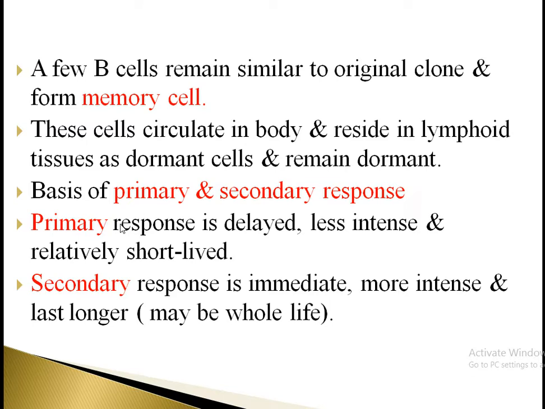At this stage, I must tell you what the primary response and the secondary response are. Primary response is delayed, less intense and relatively short-lived, while the secondary response is immediate, more intense and lasts longer.